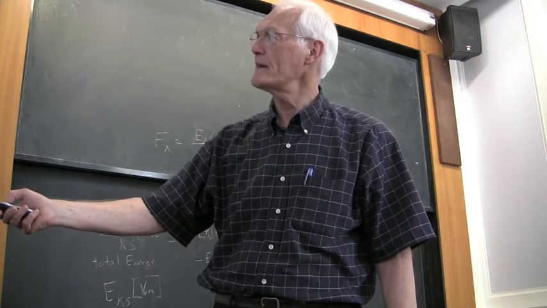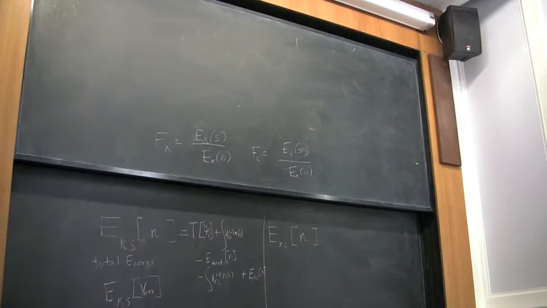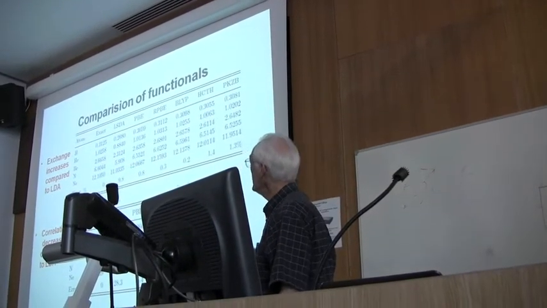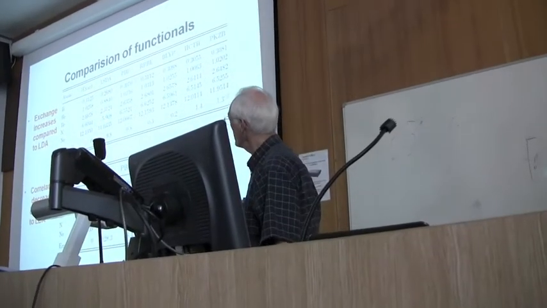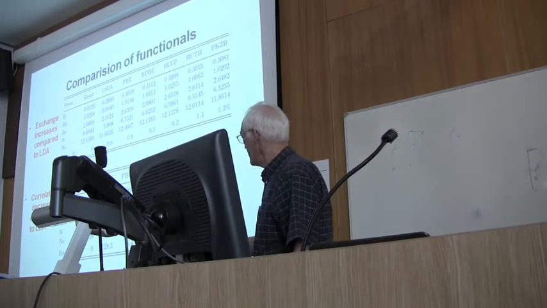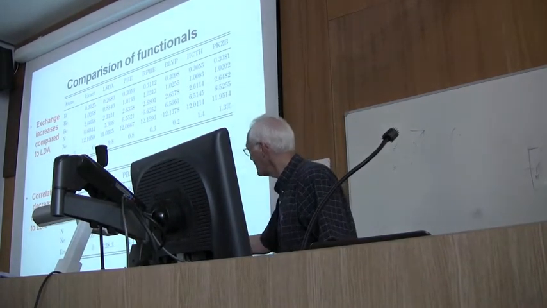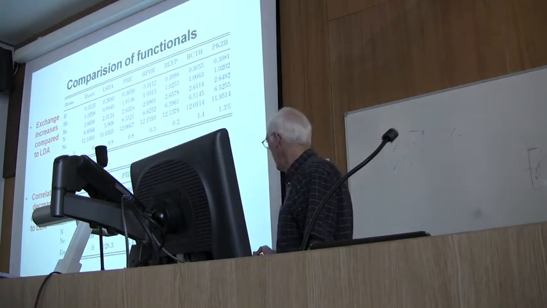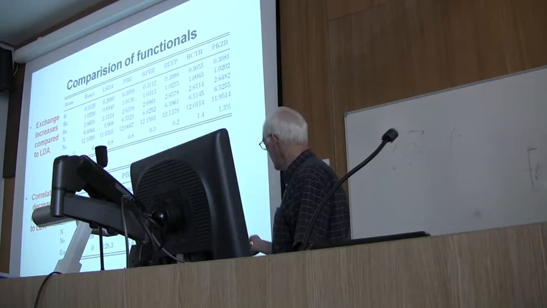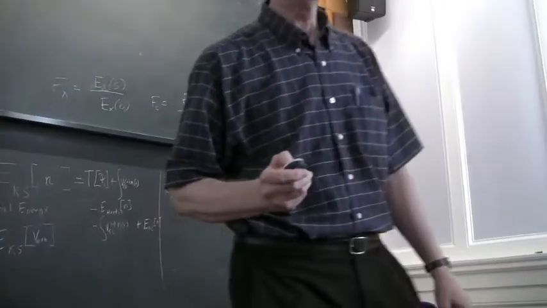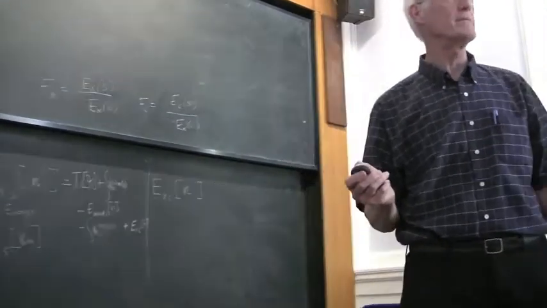And what happens is that the exchange increases starting from the local density approximation to all the better ones, and the correlation decreases when you start with local density and you go to all the improved functionals. Yeah, that's true, I think. Every single one. So that's what's going on with those functionals to make them work better.